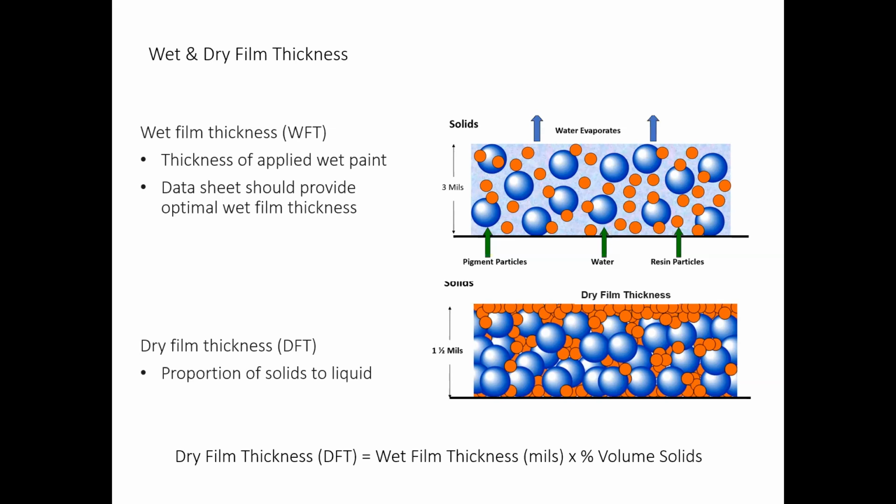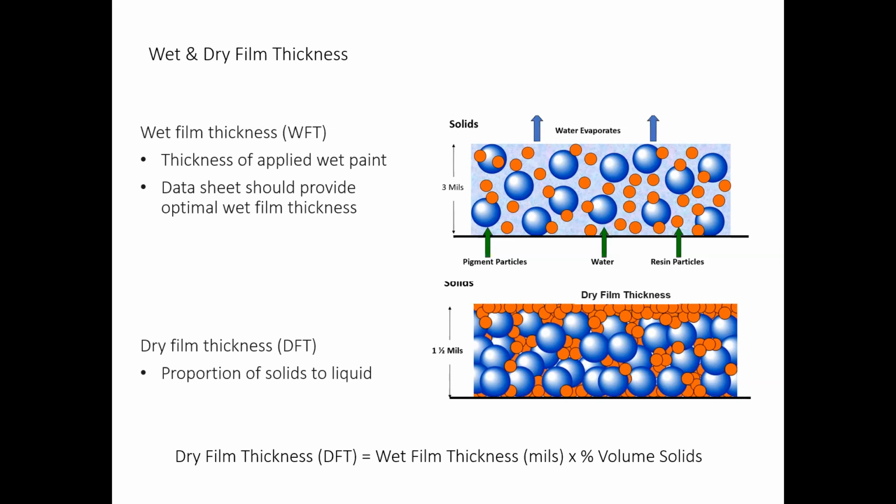That's a simple calculation. Now, obviously, that would be a very high solid paint, and there's not too many paints that are 50% solids. But that's just to show you the calculation at the bottom: there's no way to calculate dry film if you don't know what the solids are.